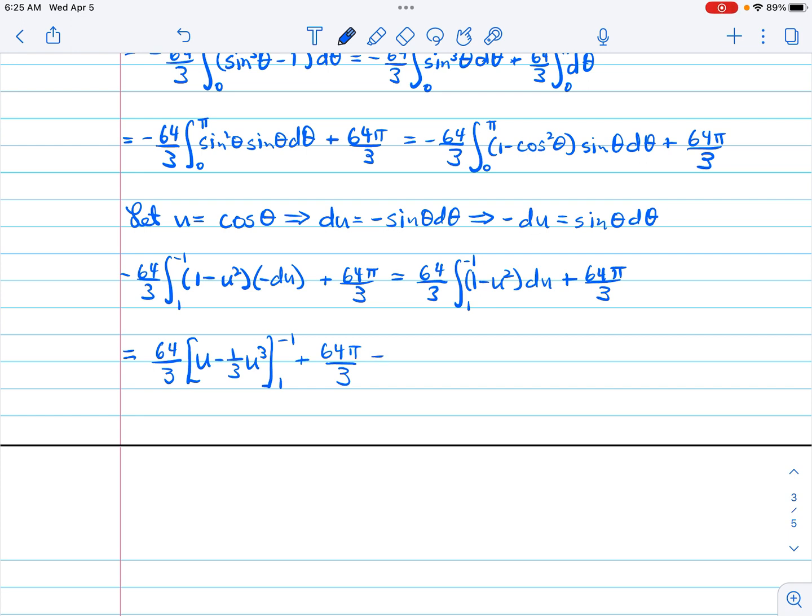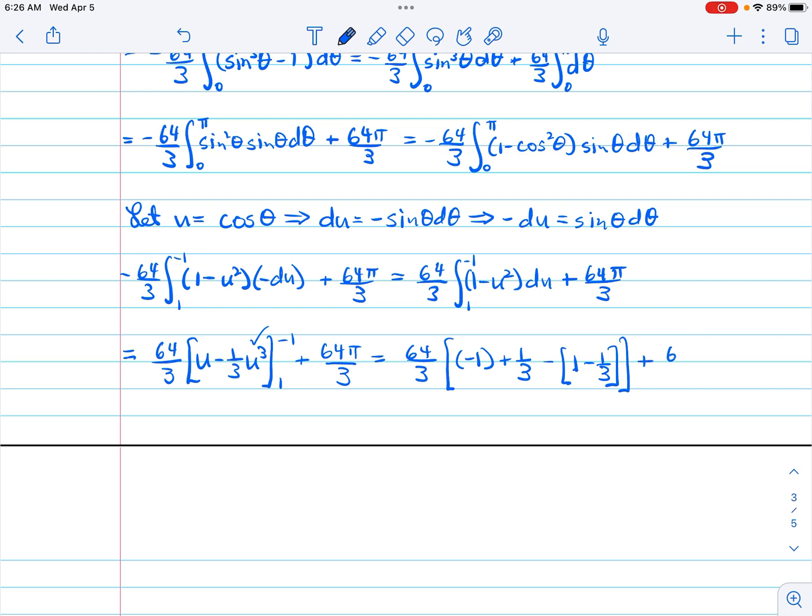Okay, now let's see what happens here. I've got 64 over 3, and I've got negative 1 plus 1/3. See, because when I put a negative 1 in here and cube it, I get a negative, and that makes a plus. Minus, if I put in a 1, I get 1 minus 1/3.